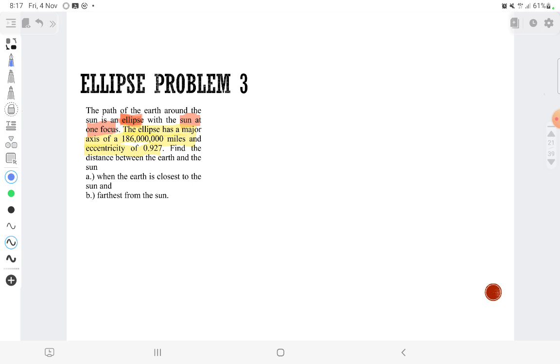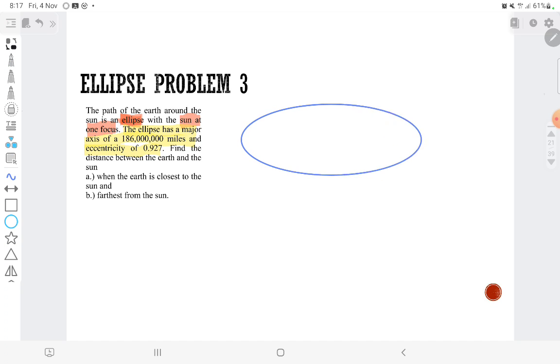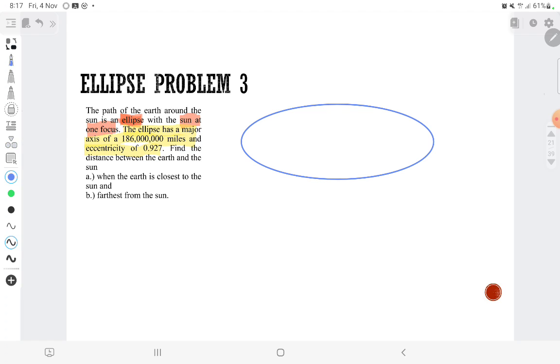Now, let us consider an ellipse. According to the problem, the Earth has a path, so this will be the elliptical path of the Earth.